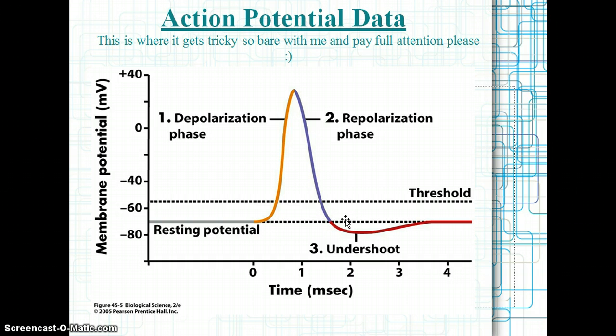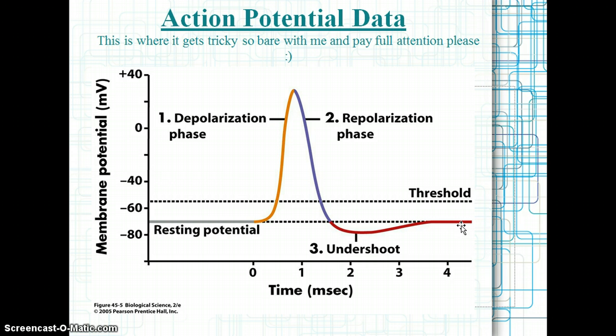Afterwards, the concentrations of positive sodium and positive potassium have been reversed, and there is no more positive sodium inside the cell membrane and no more positive potassium outside the cell membrane, and that usually happens in the undershoot. So then it goes back to the resting potential.